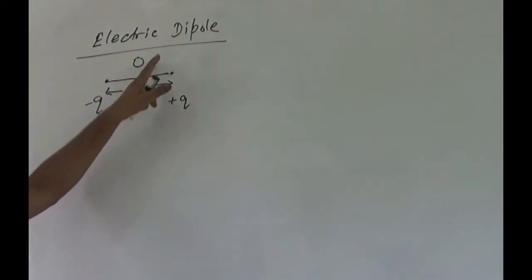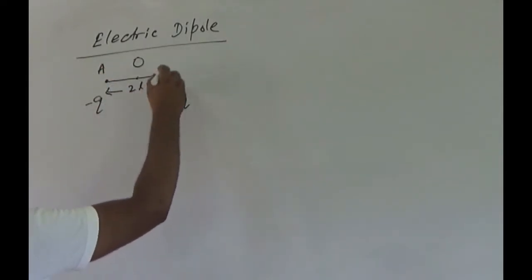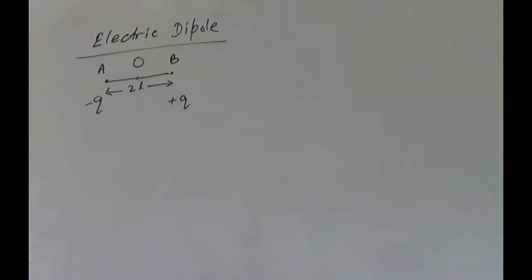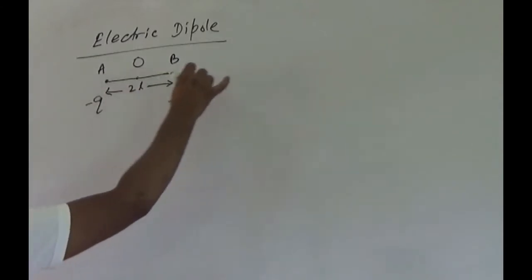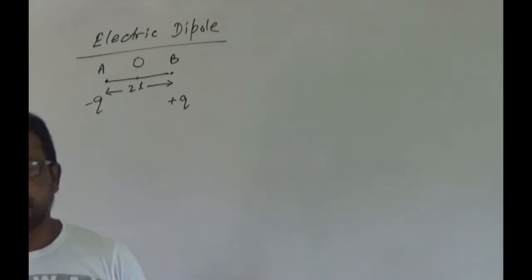That means O is the center. Let us say the minus q charge is at point A and the plus q charge is at point B. Then line AB, which can be extended on both sides, is taken as the axis of the dipole.